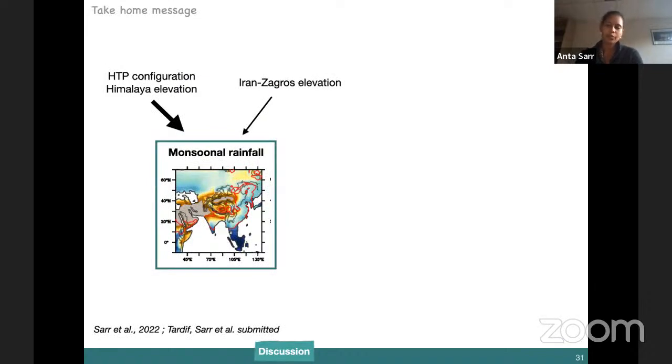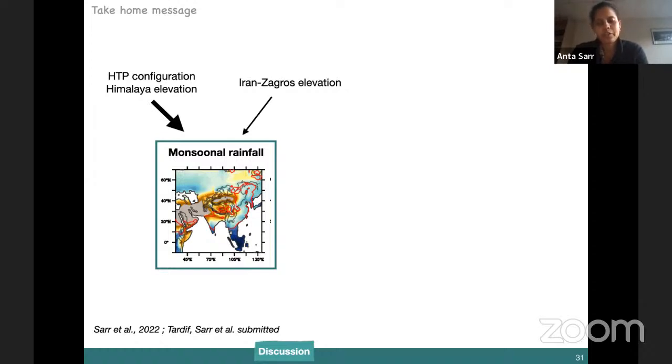So in summary, those modeling results show that the Himalayan and Tibetan plateau region and configurations, although they are big and a superstar in the field of paleoclimate and geoscience in general, are probably not responsible for changing the monsoon dynamics that we show in the Miocene, especially if we look at wind evolutions.